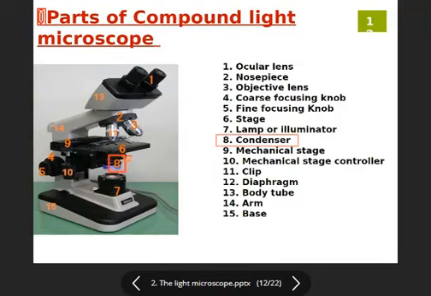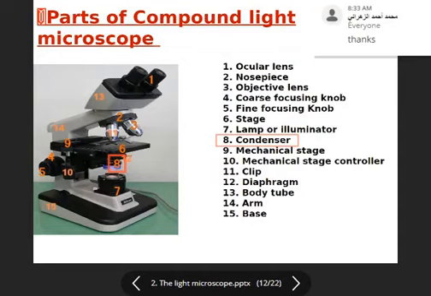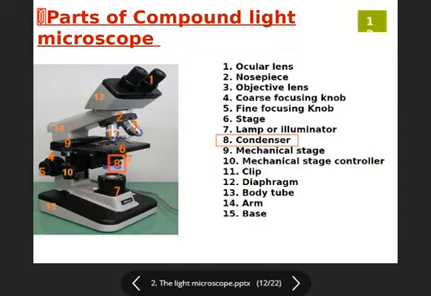Now number 8, the condenser. What is the condenser? The condenser is another lens. I told you two lenses, no? Ocular lens and objective lens. This is the third type of lens, but the function of the condenser is not magnification. The function of the condenser is to collect, to concentrate the light.